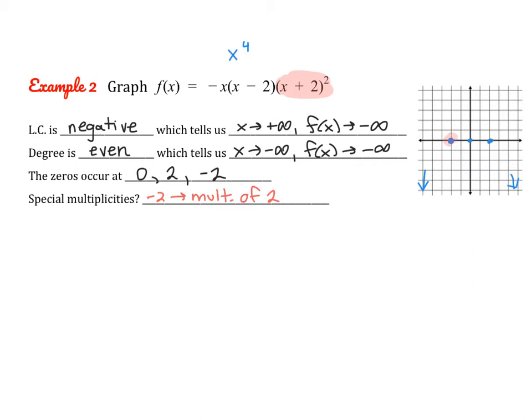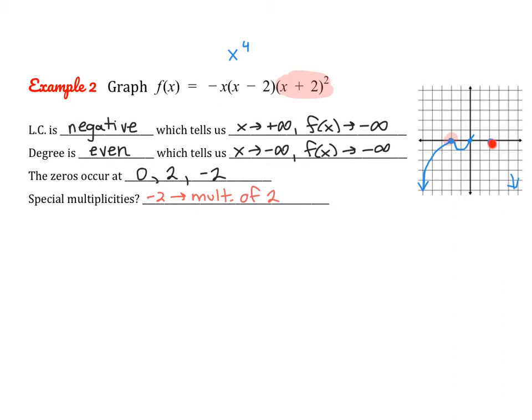Okay, so now we need to find a way to connect this arrow to this arrow by only crossing at these 3 points. Okay, so let's see. If I go here, remember, I'm starting on the left. Remember, when you approach negative 2, we do need to touch it and turn around because of that multiplicity. But I know that my next opportunity to cross is here at 0, so I do need to make sure my graph turns around and crosses back over somewhere in between like this.